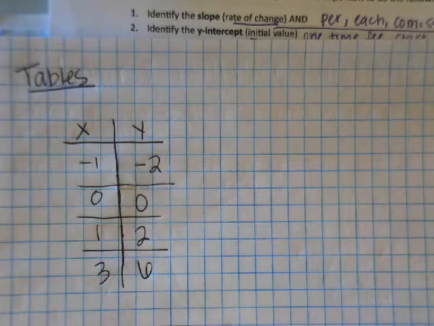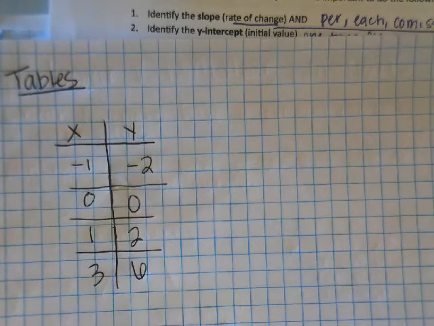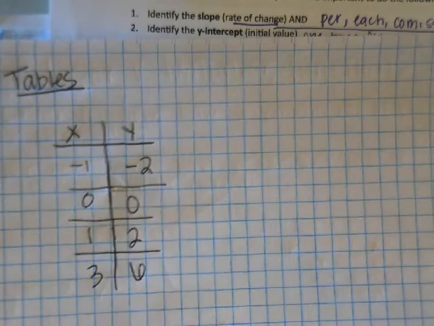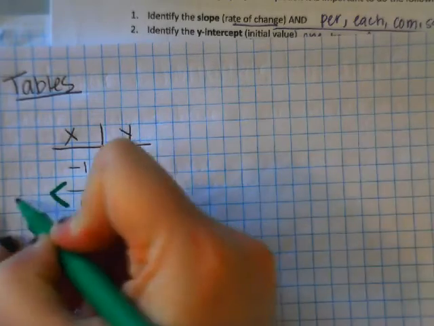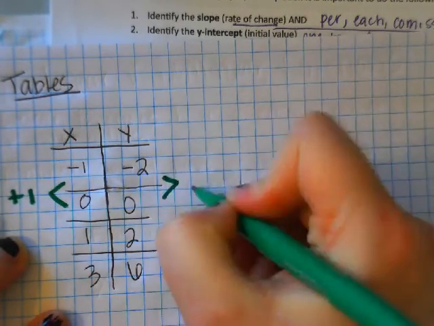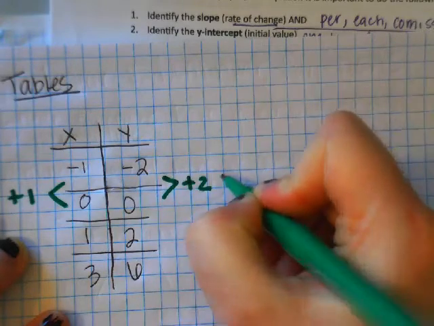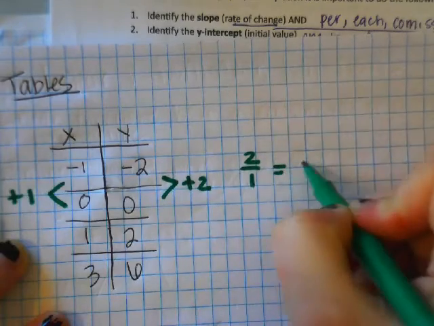Okay, so when we get a table, all we have to do is find the slope between every single set of points. So I start from -1 to 0, and that means I added 1. And from -2 to 0, I added 2. So the slope on this first row is 2 over 1, which is just 2.